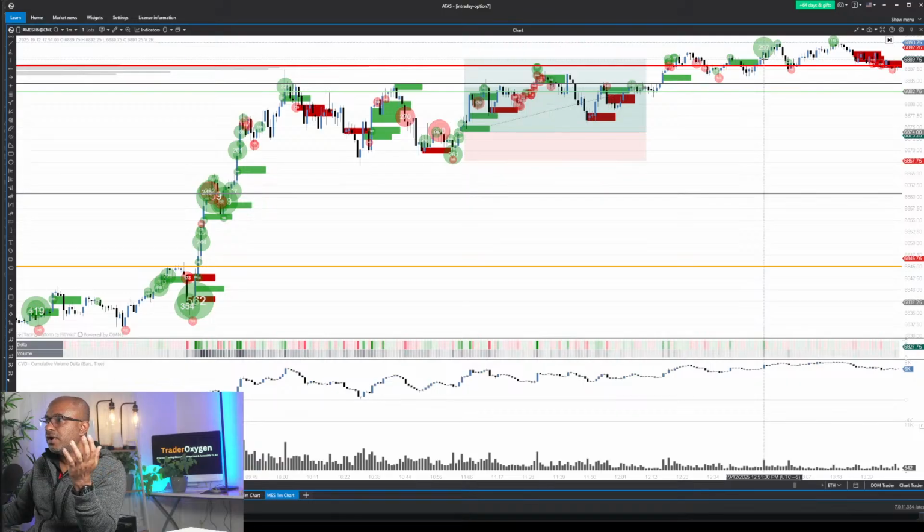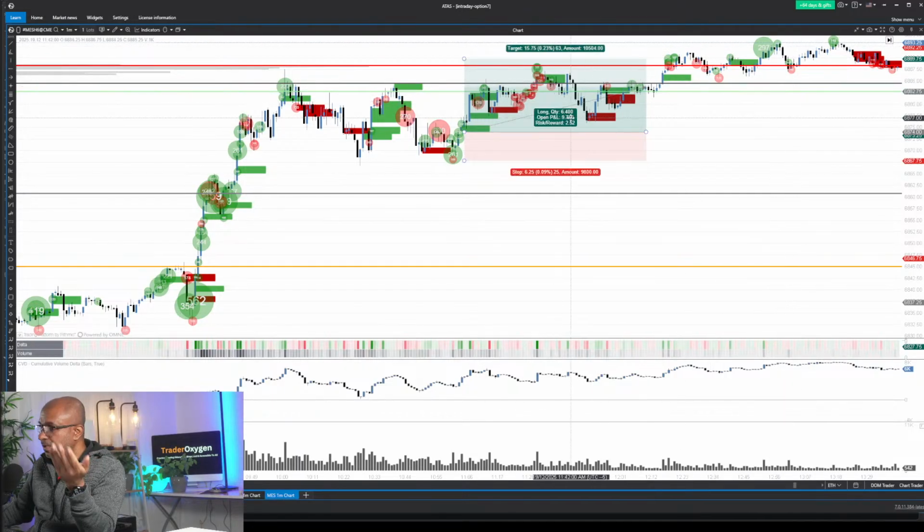You just trail the stop loss just below this, and when the price pushed down, it stopped us out. But by the time it stopped us out, we had trailed the stop loss and made a remarkable 1 to 2.5 winning trade.